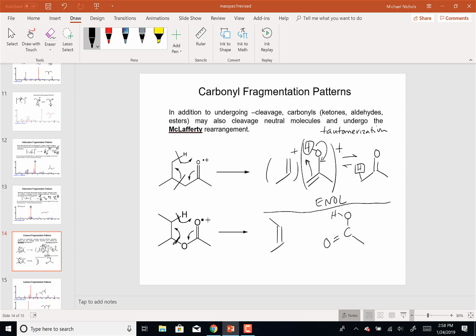Those two fragments. And so I'm going to end up with an alkene, if I started with this. So again, I might look for those fragments, just to make sure that the McLafferty rearrangement has occurred.